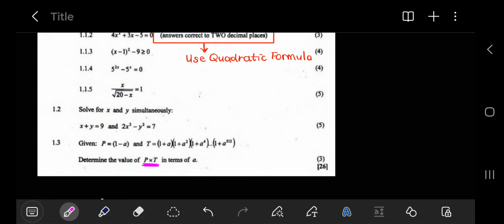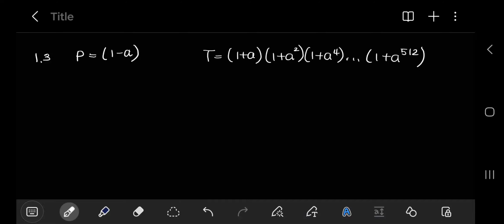Now, this is what we need. We need to get p times t. So we see that we are given what p is equal to. We're also given what t is equal to. So to get p times t, we need to multiply those brackets together. So let's start off by writing that down. Okay, so here is what we are given, and what we need to get is p times t.